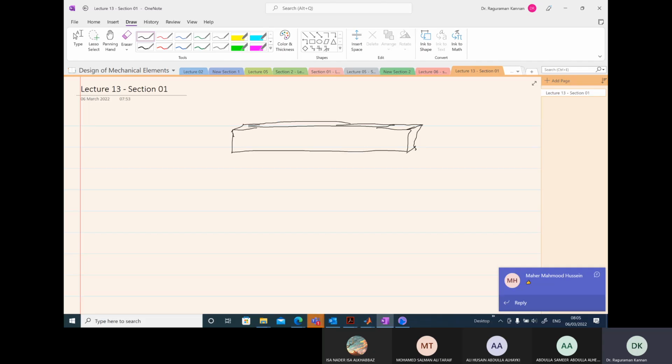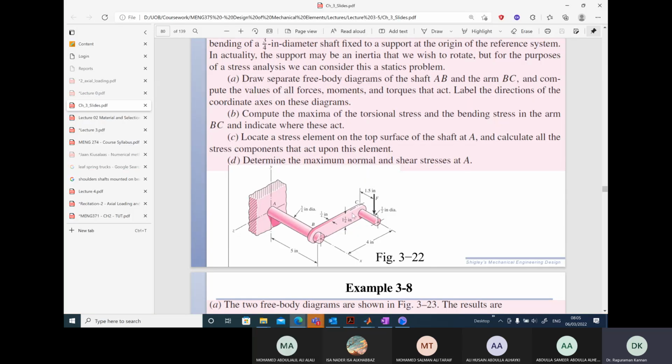BC. We have a force here, so we need to first figure out what are the forces and moments acting at point C. We can consider end B as fixed. Since the end A is fixed, we know that there is no rotation, no displacement, etc. In the same way, we can consider B. Once equilibrium has been reached, this end is fixed.